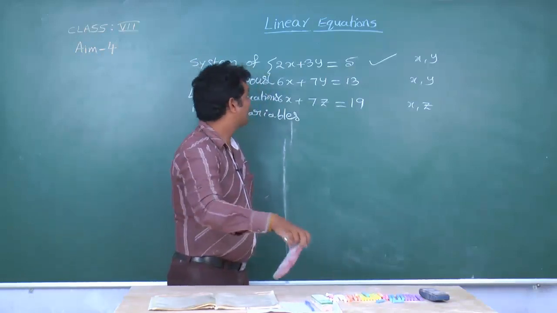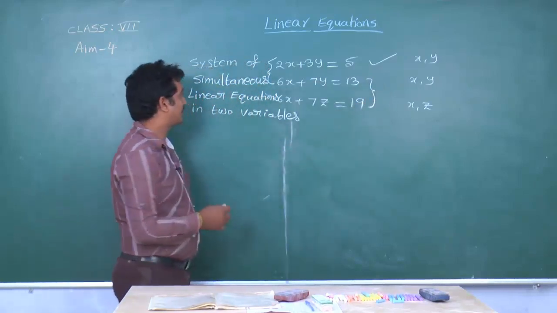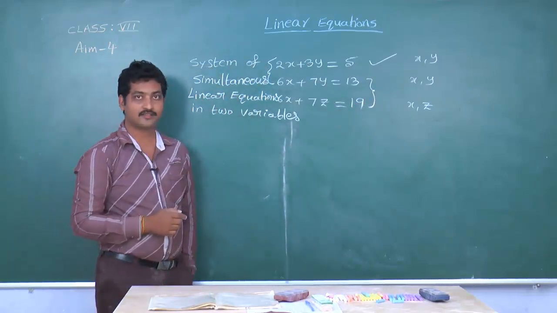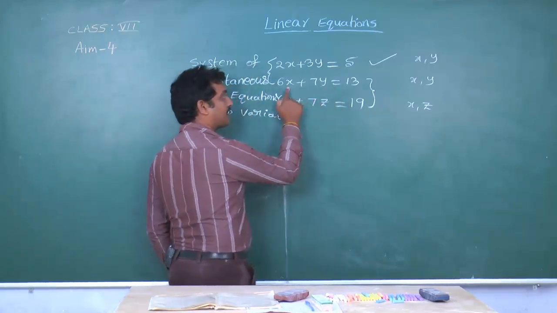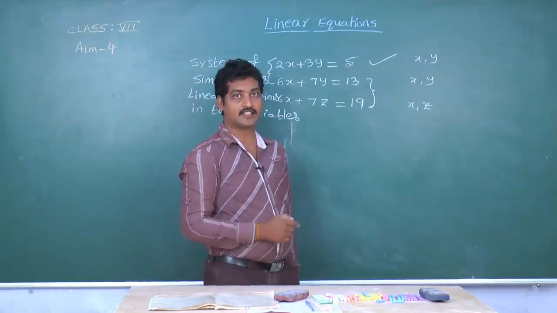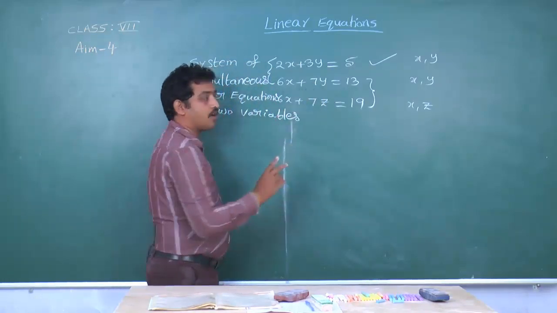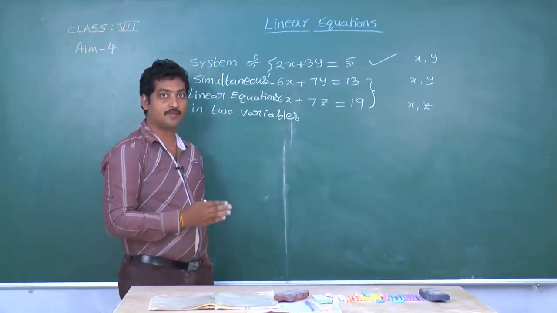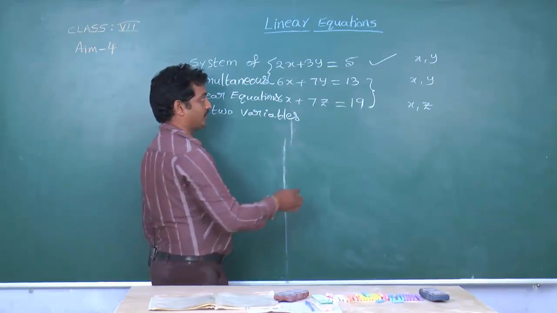So are these two systems of linear equations simultaneous linear equations? No. Why? Because here the variables are x, y. In the third equation the variables are x, z. So these are not called a system of simultaneous linear equations in two variables.